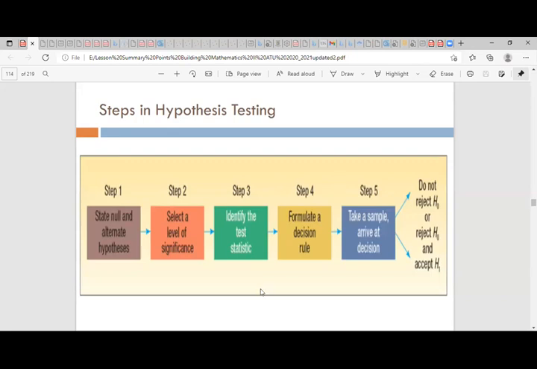From your end, I want you to write down the steps. Just take note of the steps. So write it down before we continue. Take some time and write down the steps in the hypothesis testing procedure.